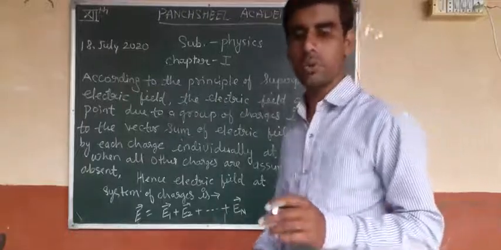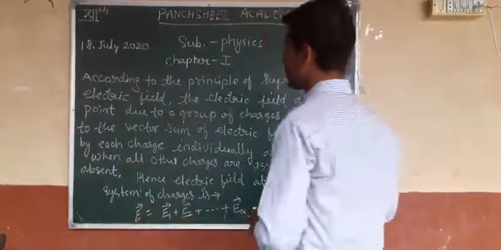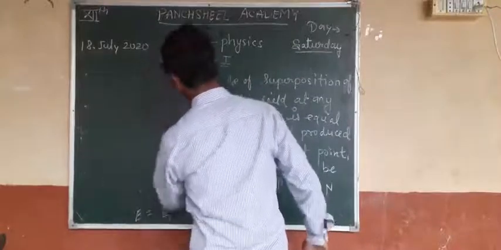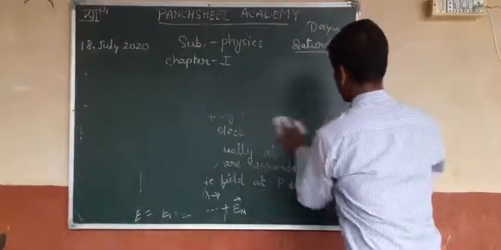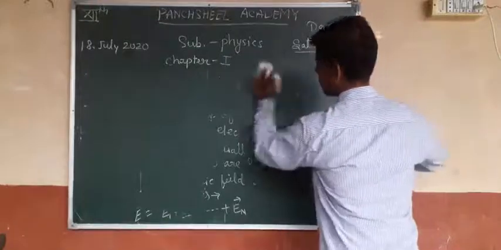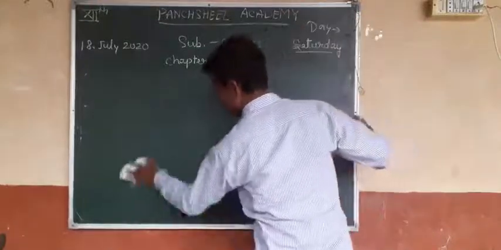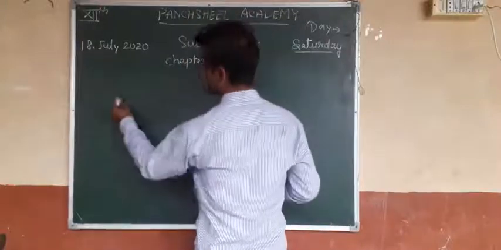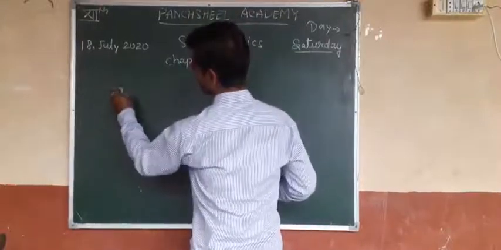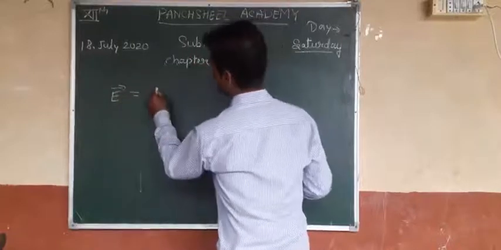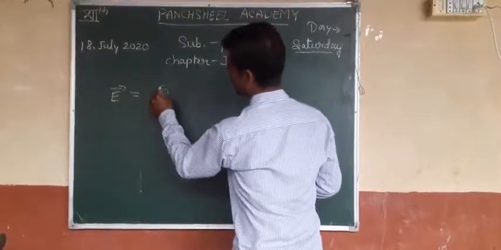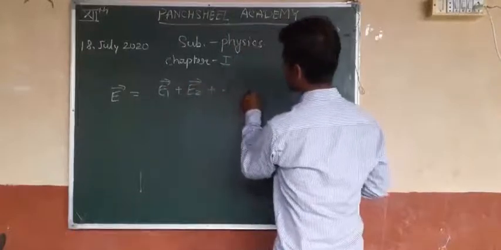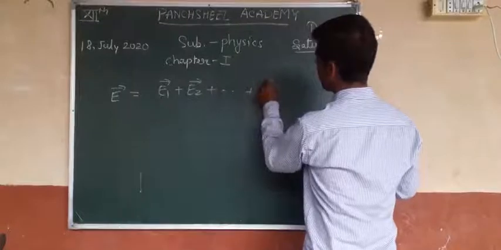Now if you want to write down the value of E1 and E2, then you will get a general expression for the electric field. Suppose E1 plus E2 plus En vector.